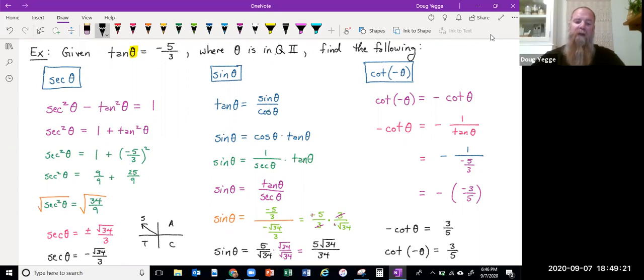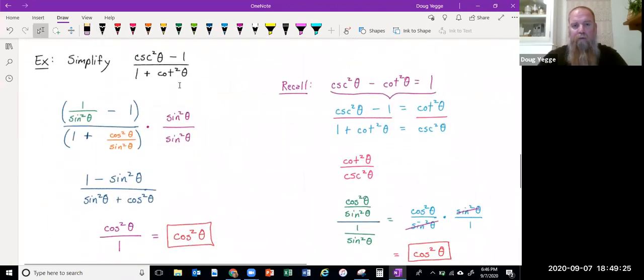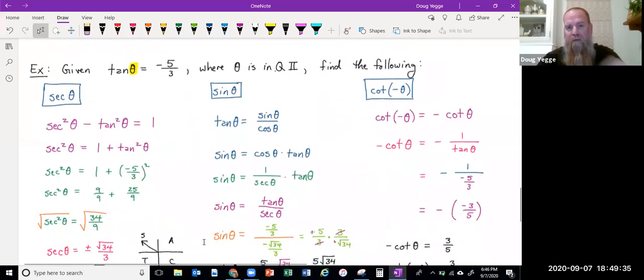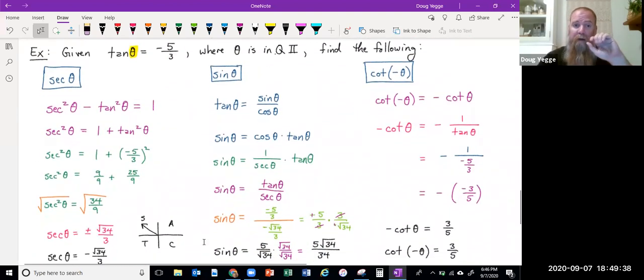So what we've done in 2 of these examples, we've figured out a way to take an expression that looks seemingly complicated, apply some identities, and make it look easier to deal with. While we have another type of problem that allows us to have information, an actual ratio for our trigonometric function, and using that ratio, find other ratios or find other trig functions.